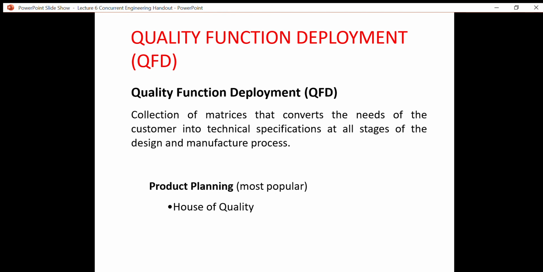And then the most popular one is the house of quality. From quality function deployment, QFD, we have the house of quality.